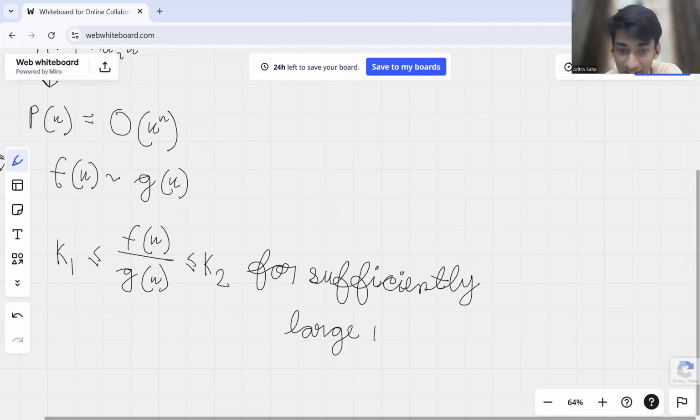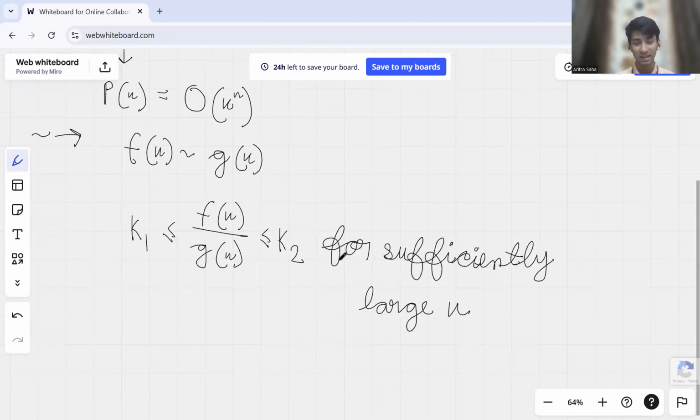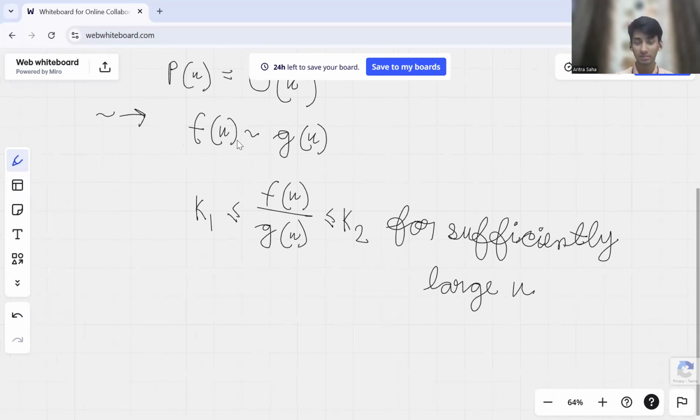So basically, you don't take the constant factor in. Like p of x is close to x to the power n. You don't take this a_n, which is a constant factor. Another way you can define this is you also take the constant factor in. So you say as x tends to infinity, f of x by g of x is 1.